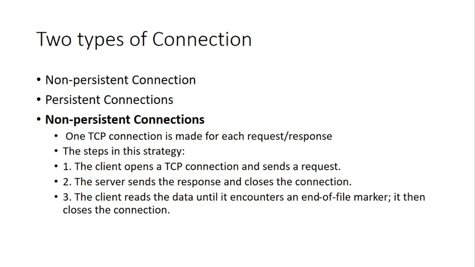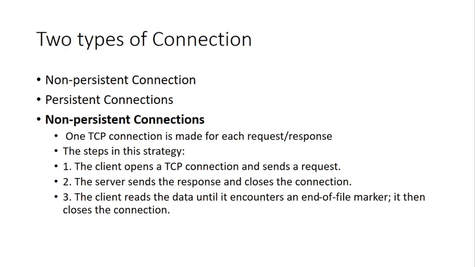In this type of non-persistent connection, if a file links to n different pictures in different files, all located on the same server, then the connection must be open and close n number of times plus 1 time.